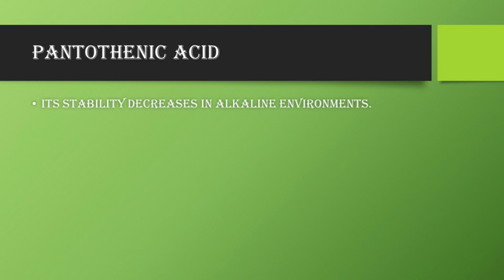Pantothenic acid is stable to heat in slightly acid to neutral conditions, but its stability decreases in alkaline environments. Biotin is sensitive to both acids and bases. Good stability of various micronutrients during storage of fortified corn flour has been demonstrated.